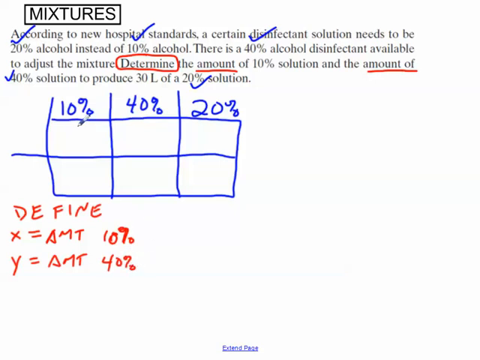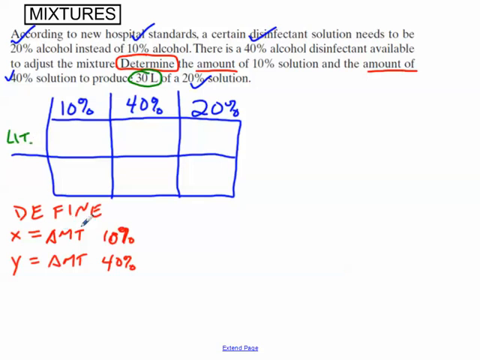All right, so we kind of know what we're looking for. We're looking for x, the amount of 10% solution. We're looking for y, the amount of 40% solution. So now we have to just figure out what goes up here and what goes over here. Well, they're giving us some information. They give us 30 liters of solution. So I'm going to put up here liters, because that will define some information that we know.